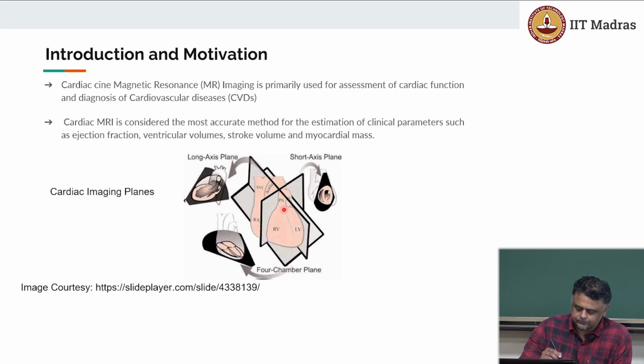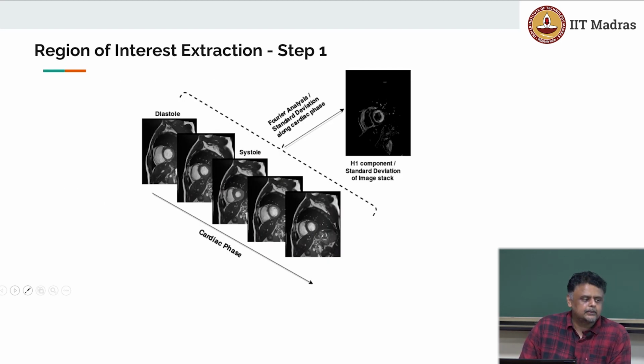That's the question. This is especially for cardiac imaging. There are 2 aspects. One is you are imaging the entire heart volume, different sections at every time point. Your heart's beating, right? A very easy way of thinking about it is the heart is filled with blood and it's bigger.